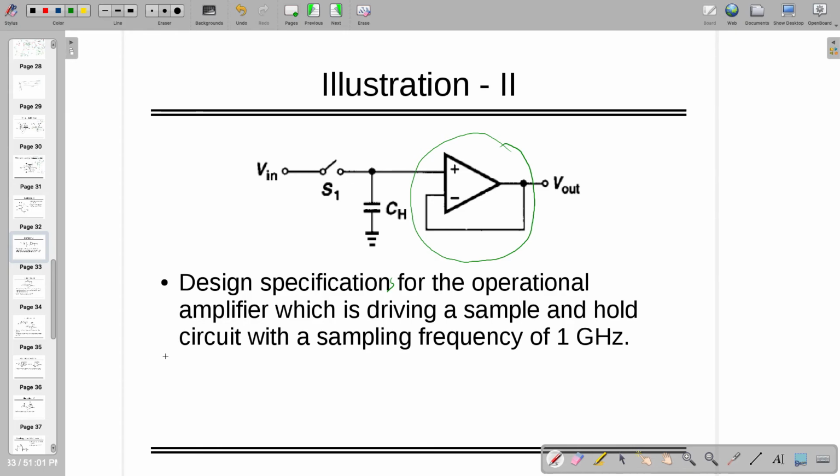Let's assume that the charge injection and clock feedthrough, or maybe noise, all together are less than 1 microvolt. That is what we want.